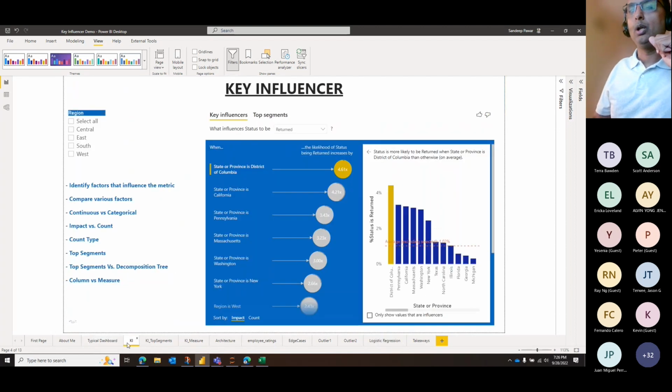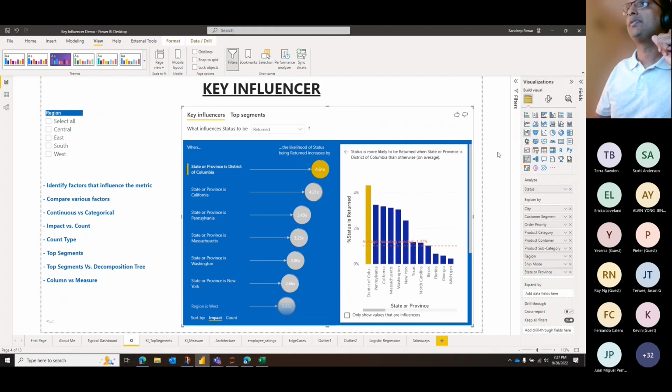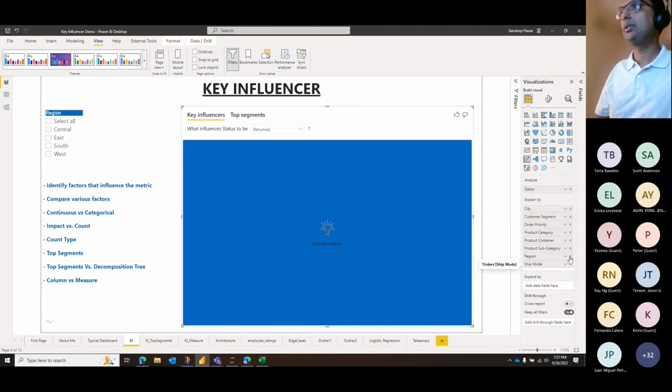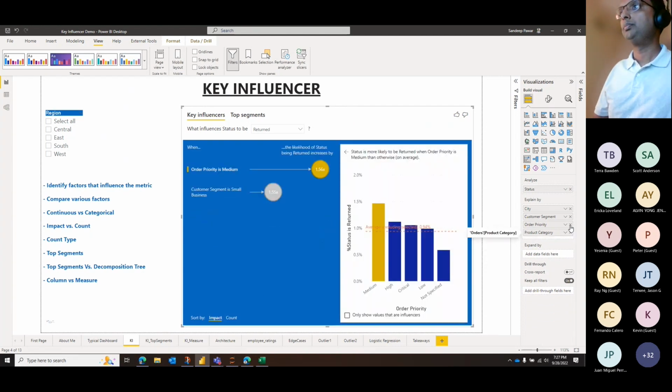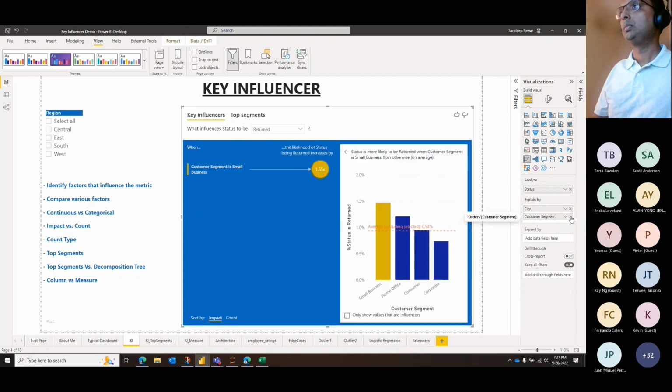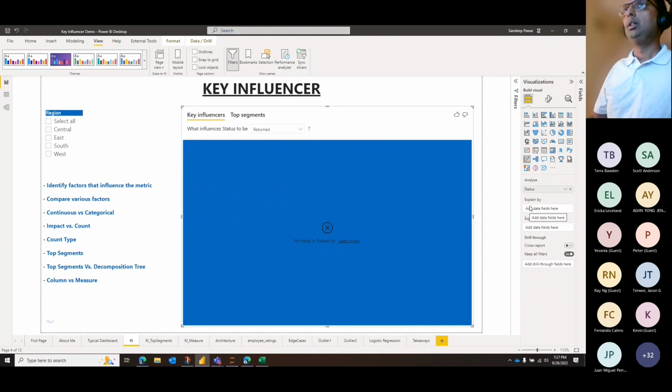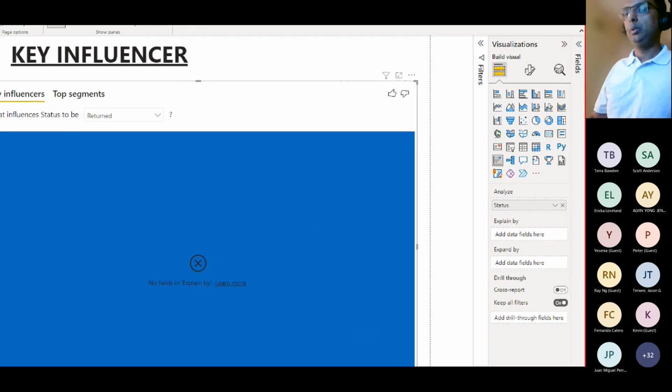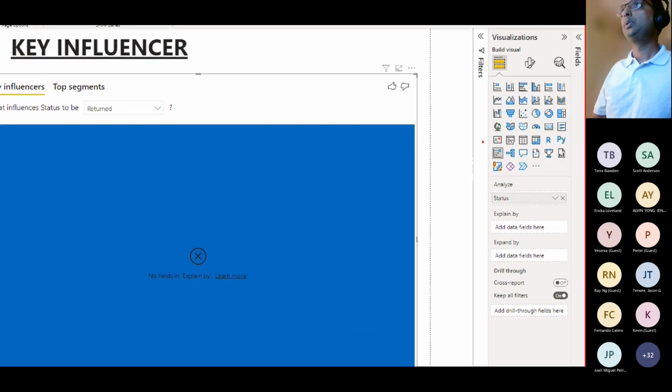Now, I'm going to assume all of you know what exactly the key influencer visual is. If you do not know that, let me show you. So let me get rid of what I currently have here. It is one of those native visuals in Power BI with these three lollipop bars.